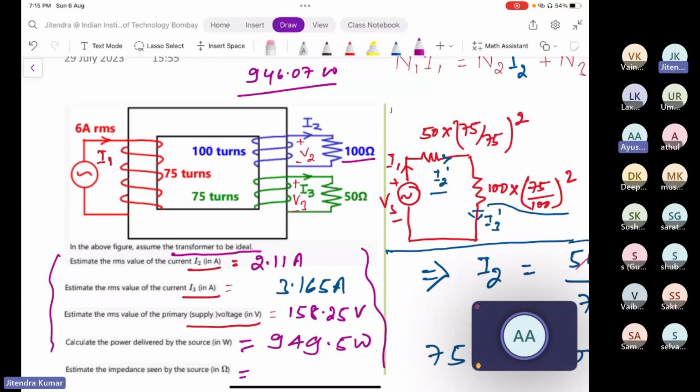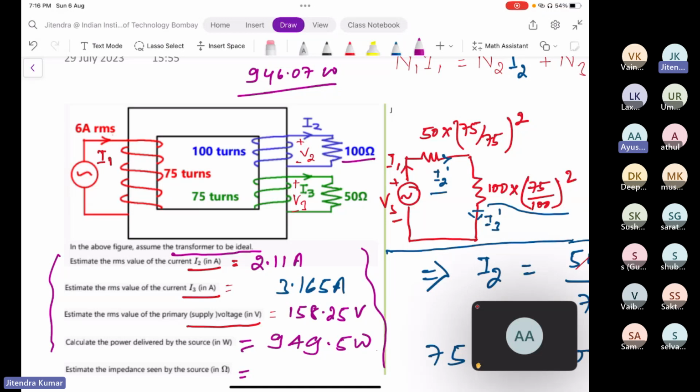Then I can conclude that both should be in parallel. If the three voltages are same, then all three things will be connected in parallel.